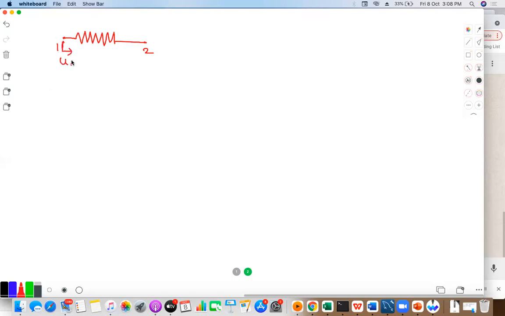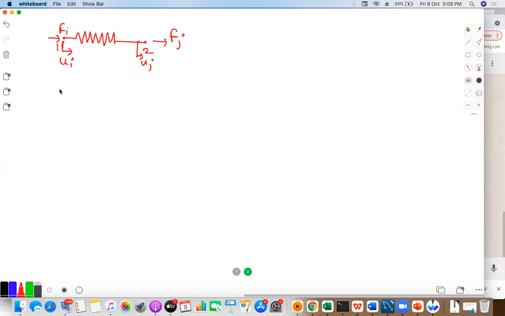Let us say ui is the displacement vector at this node and uj is the displacement at the other node, and let fi be the force at this node and fj be the force at this node, for this spring.